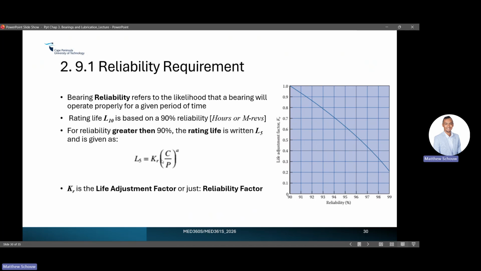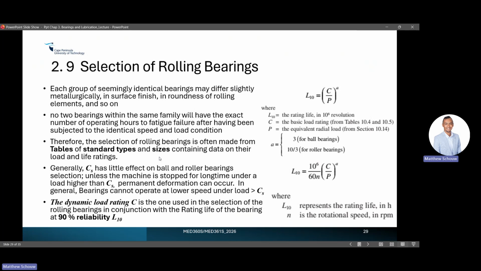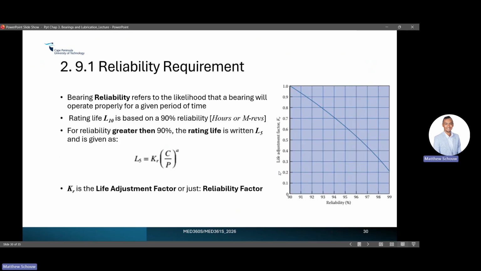And then there's a life adjustment factor one must account for. So if you had a 95% reliability, if I pull up the graph over here, your life adjustment factor is basically 0.6. So when you have greater than 90%, you're going to have to use this formula instead of that one. This is typically specified in the question.